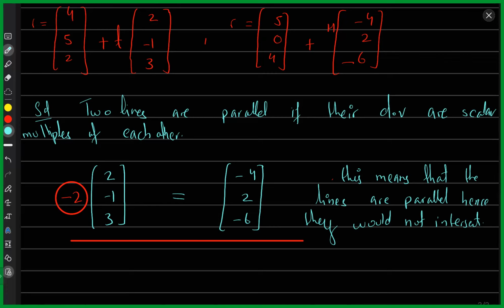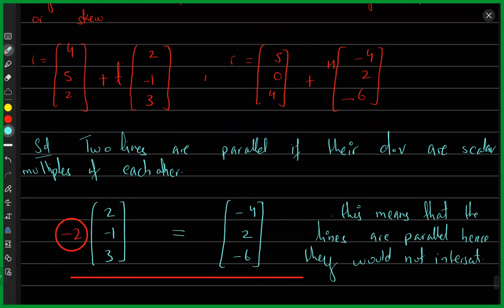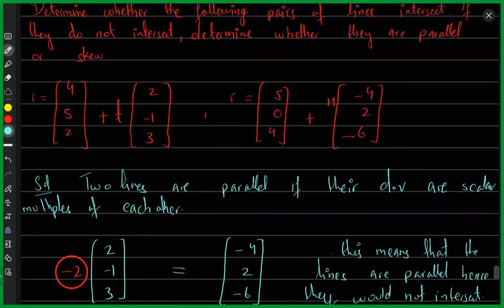Okay. All right. So this was basically the pair of lines that was given, and we had to examine it and then tell if the two lines intersect or not.